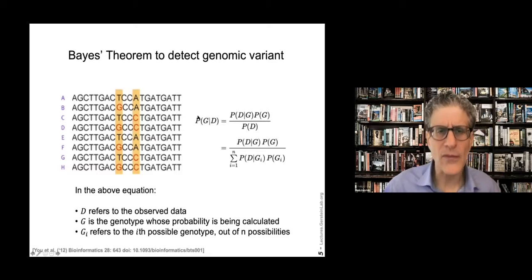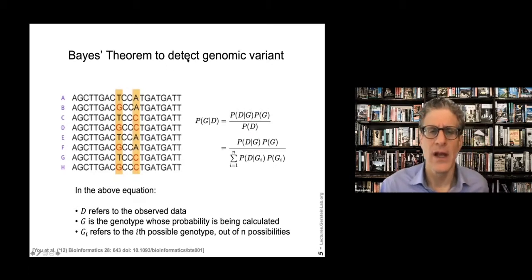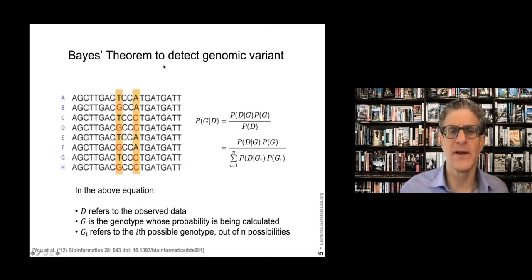So people often develop the statistics for this in terms of Bayes' theorem, and I'm going to describe this to you. We want to figure out the probability of a particular genotype given our data, and the data is what we observe here.